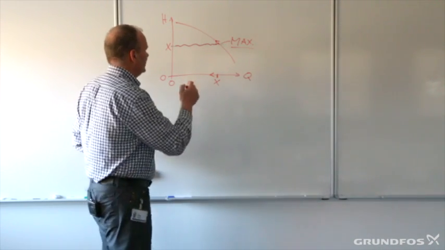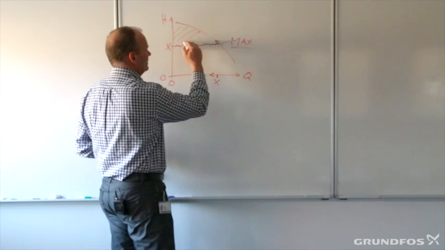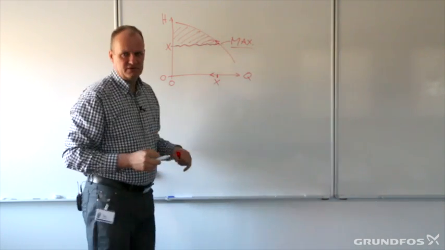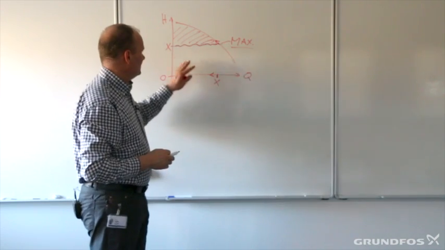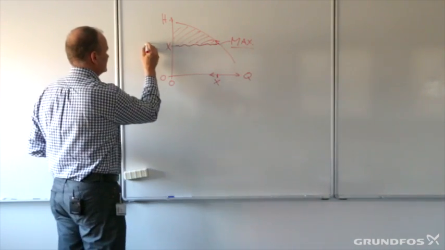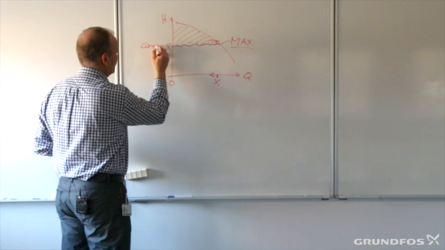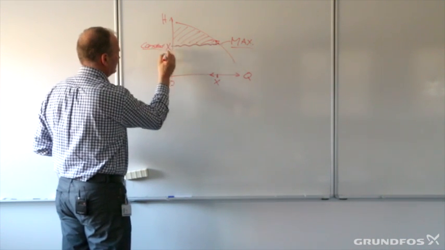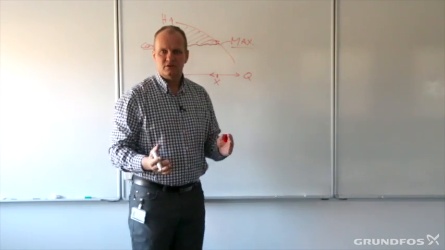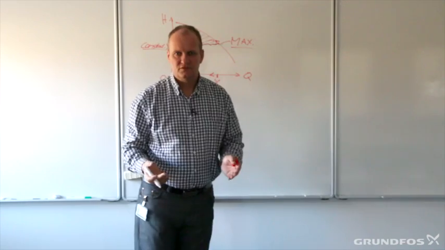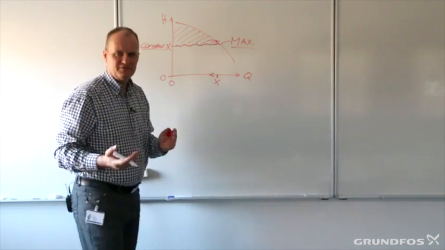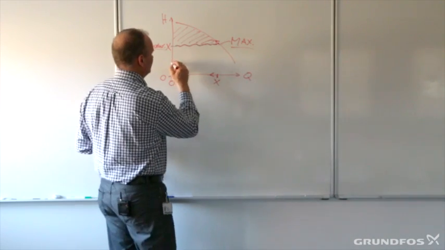So in this case we have saved all the energy which is related to this area up here. But we don't only have a constant pressure curve, control curve. We also have something which we call proportional pressure.